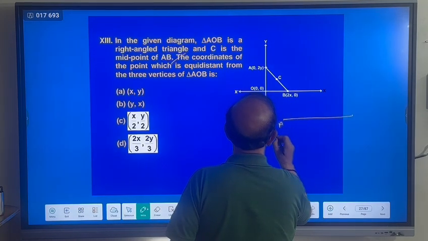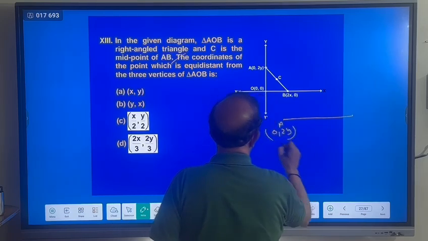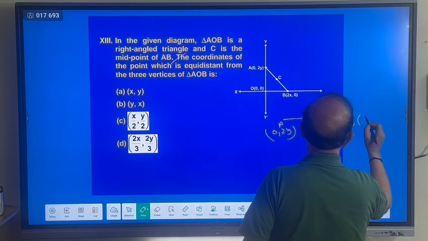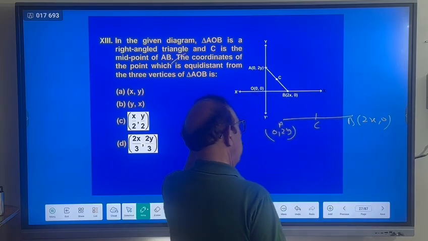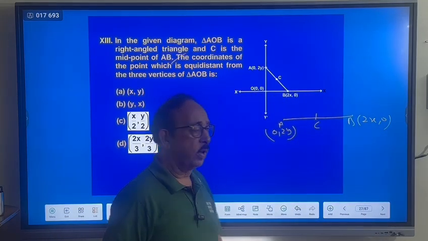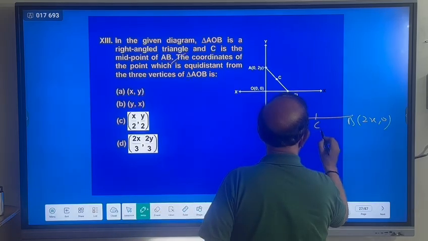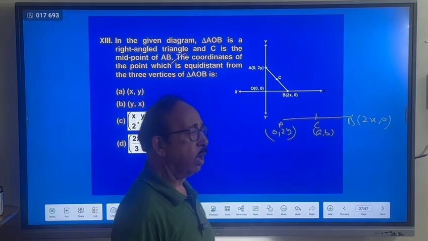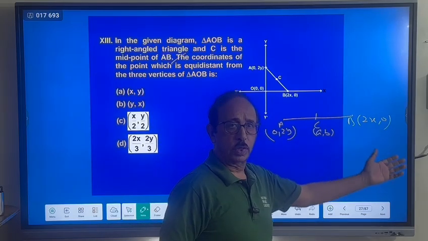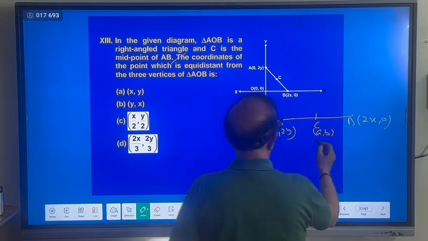A is (0, 2y) and B is (2x, 0). So to find C, using the midpoint formula, let it be a and b. We could suppose it as x and y also, but x and y are already used, so we use only a or b.